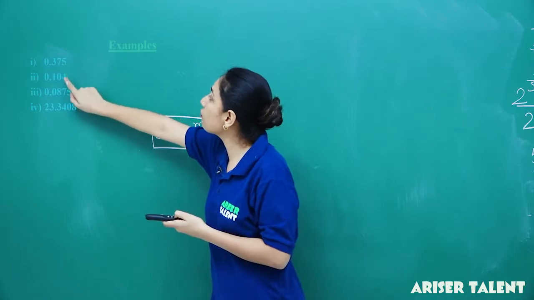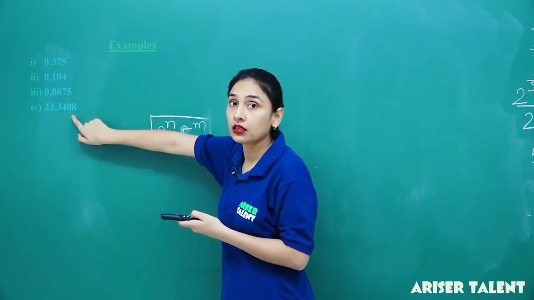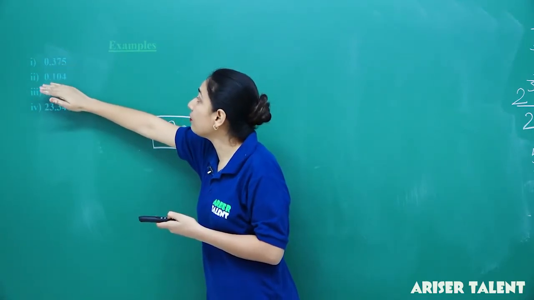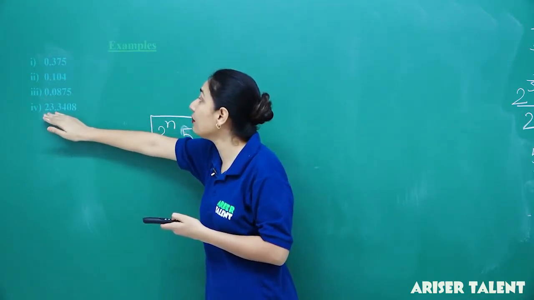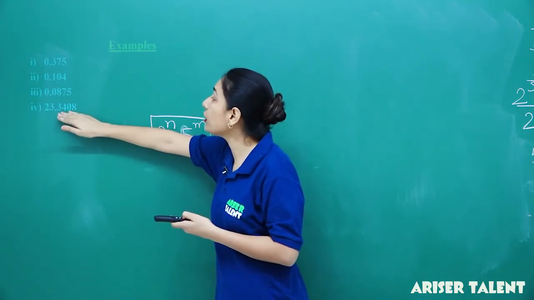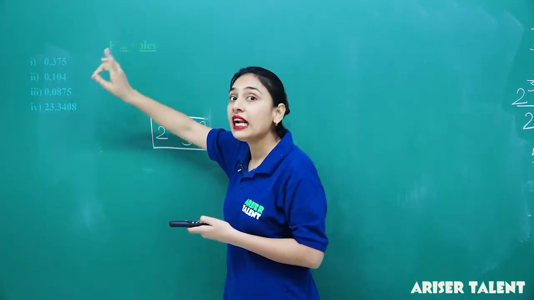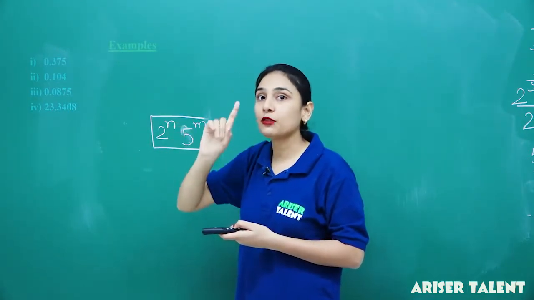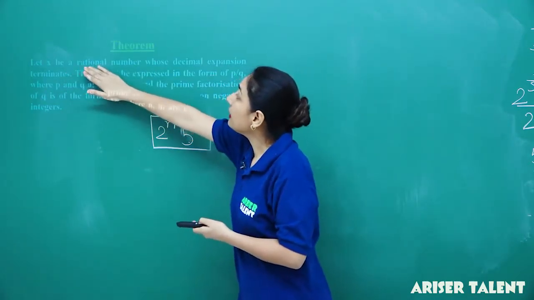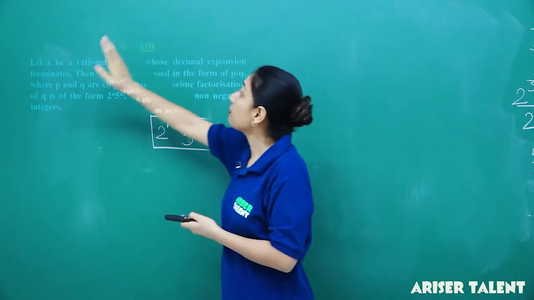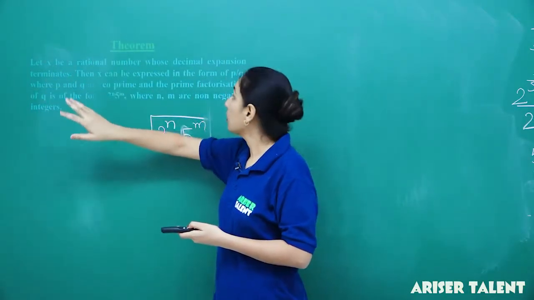So, this was our x. This time this, second time 0.104, third time 0.0875 and fourth time 23.3408 was our terminating decimal expansion. Let x be a rational number whose decimal expansion terminates.